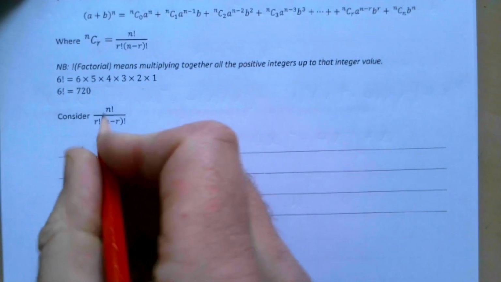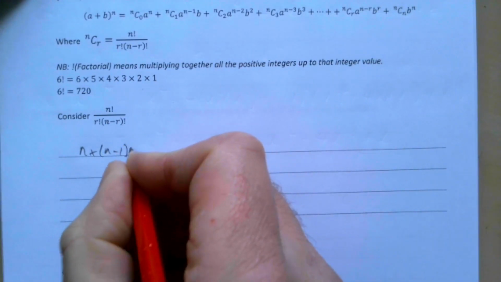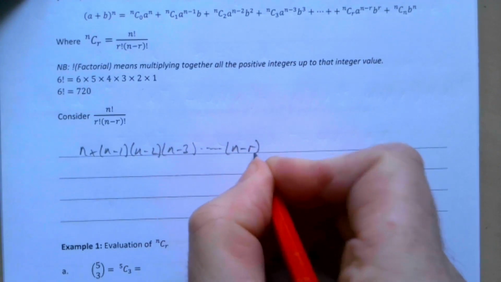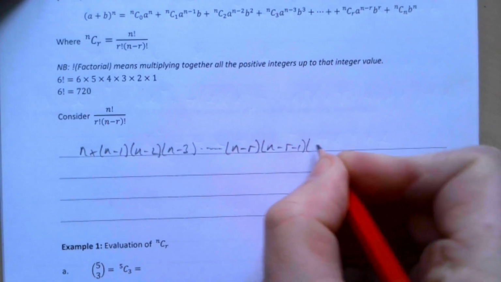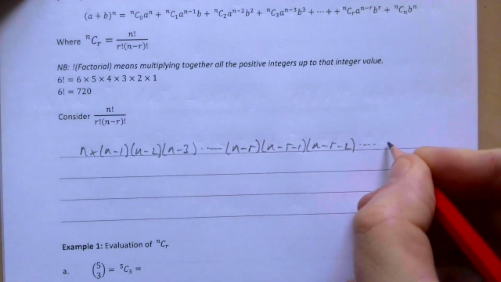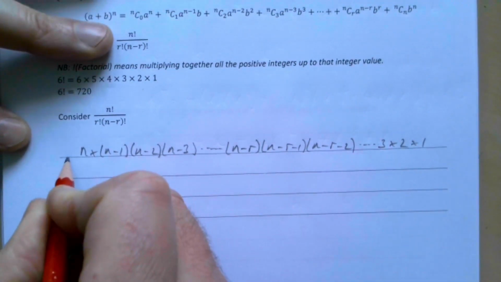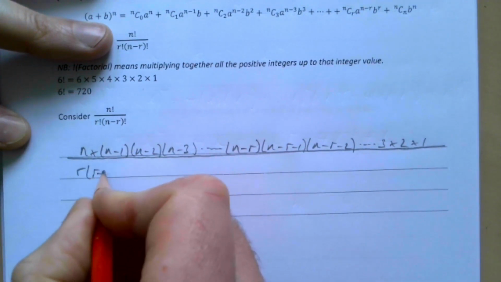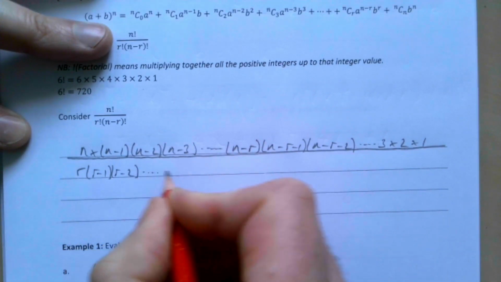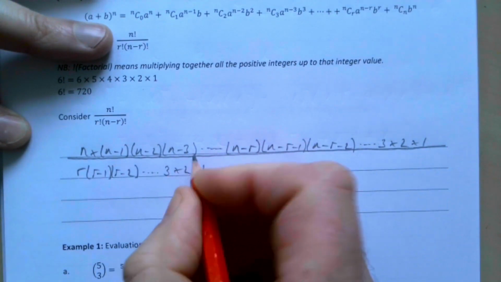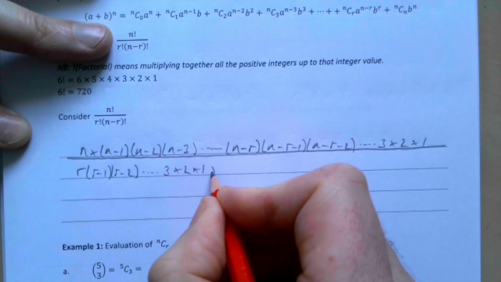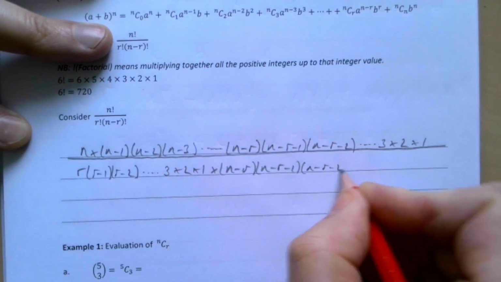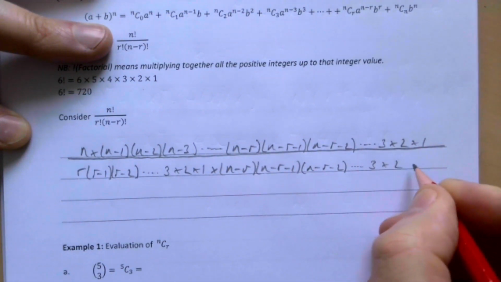It's n on the top line, times n minus 1, times n minus 2, times n minus 3, and that keeps going until you hit n minus r, then n minus r minus 1, n minus r minus 2, all the way down to 3 times 2 times 1. That's the top line of that fraction. r factorial is of course r times r minus 1 times r minus 2 all the way down to 3 times 2 times 1, and then n minus r factorial is going to be n minus r, n minus r minus 1, n minus r minus 2, all the way down to 3 times 2 times 1.